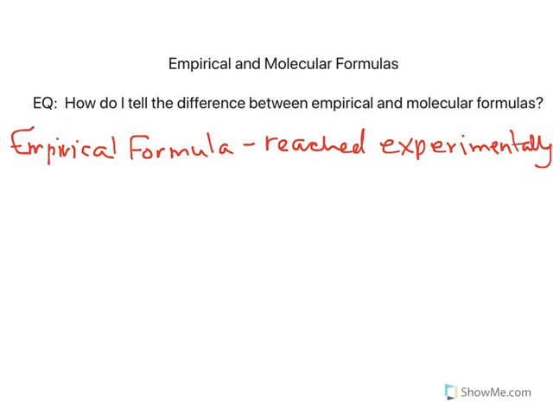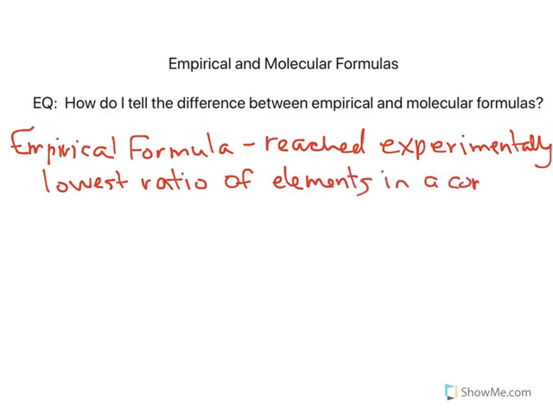It is the lowest ratio of elements in a compound. So I discover an unknown compound. My empirical formula is going to be basically a mass ratio. This is where that percent mass piece comes in that y'all learned about yesterday.